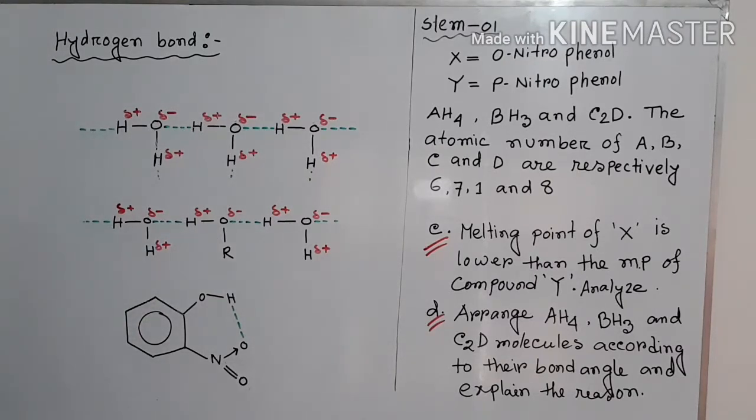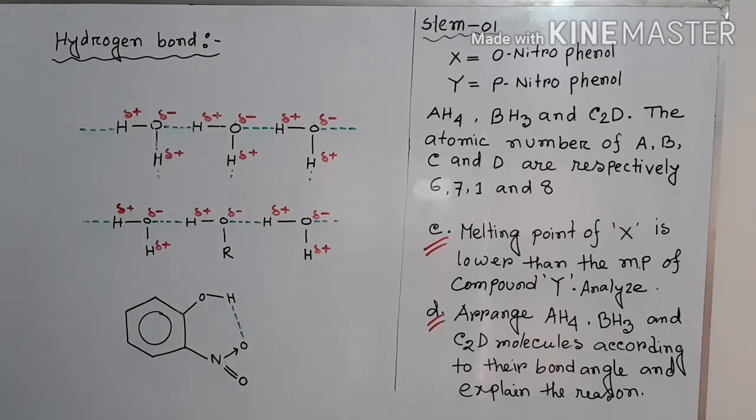What is intermolecular hydrogen bond? When a hydrogen bond is formed between the hydrogen atom of one molecule and an atom of an electronegative element of another molecule, it is known as intermolecular hydrogen bond.